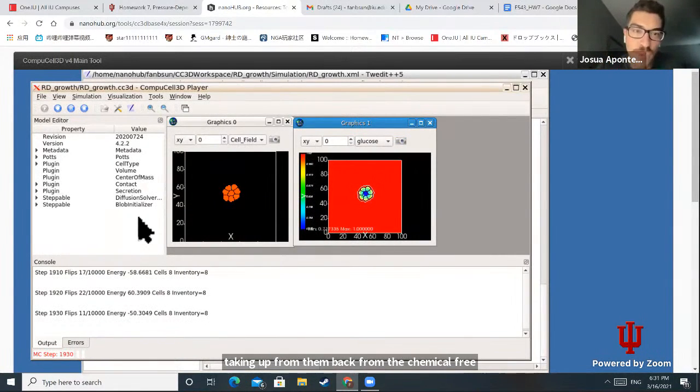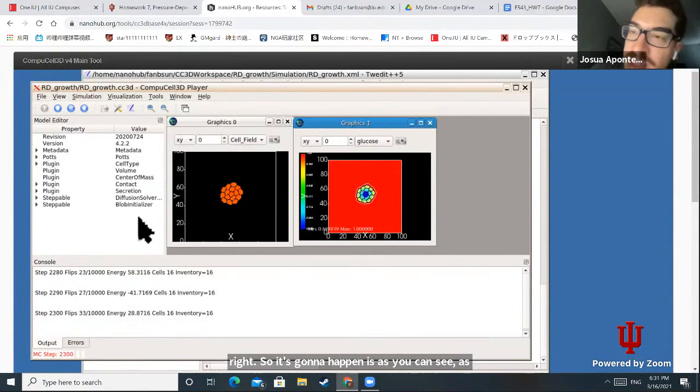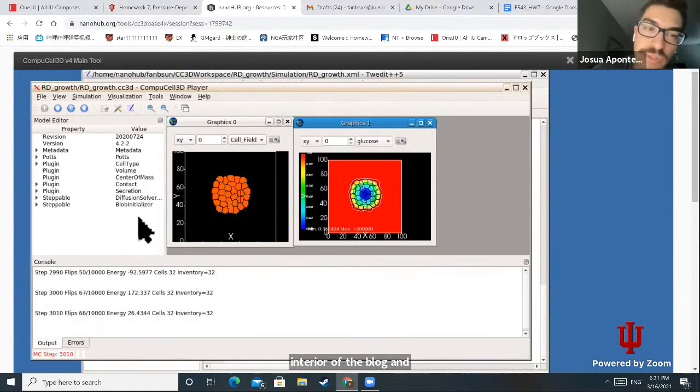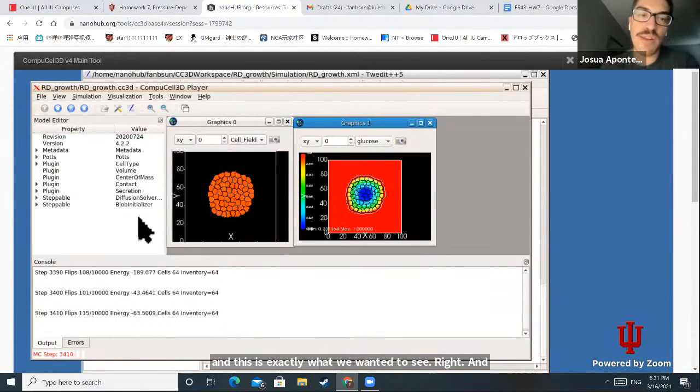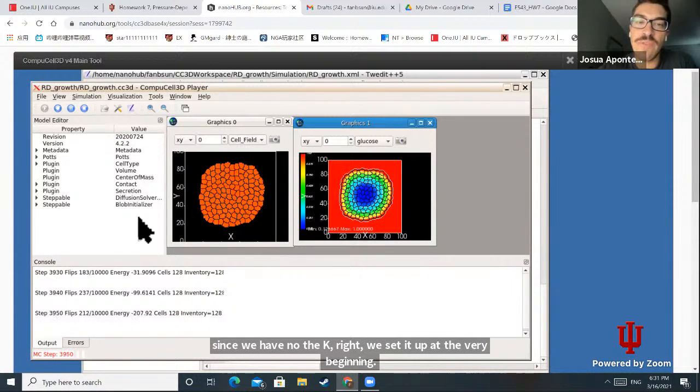So as you can see, as the cell divides, it creates a gradient from the outside to the interior of the blob. And this is exactly what we wanted to see. And since we have no decay, we set it up at the very beginning, this gradient is solely due to how much the cells are uptaking from their environment.